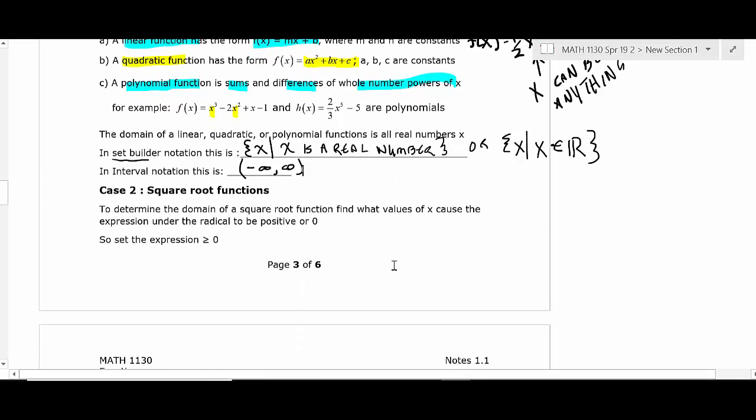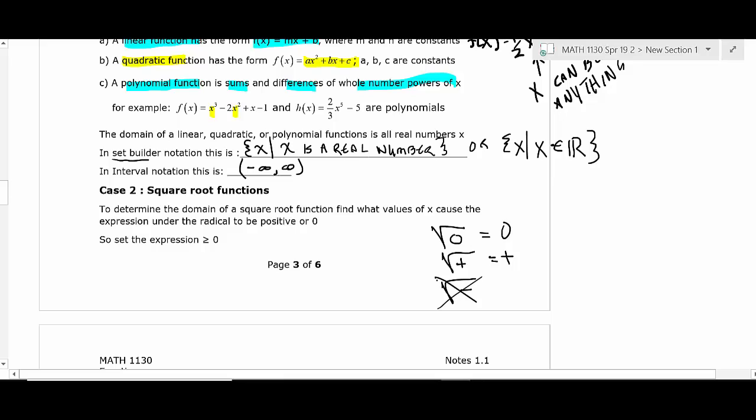Okay, let's look at a square root function now. The next thing is a square root. If you have a square root, you can do the square root of 0. That's okay. You can do the square root of a positive number. That just gives you a positive. What can you not do? You can't do a square root of a negative.